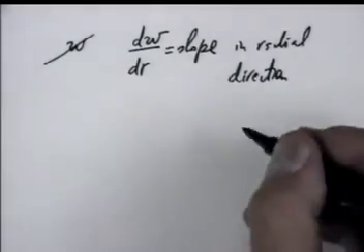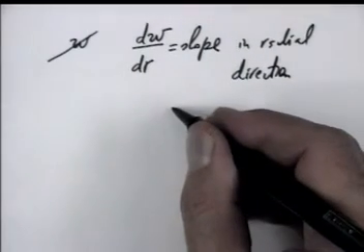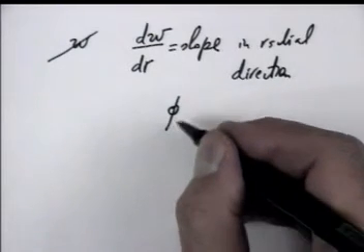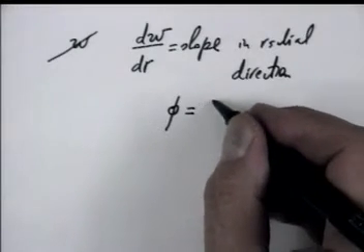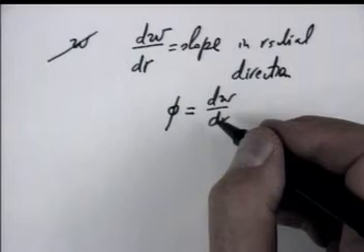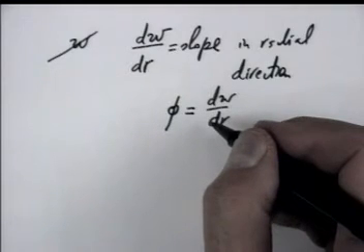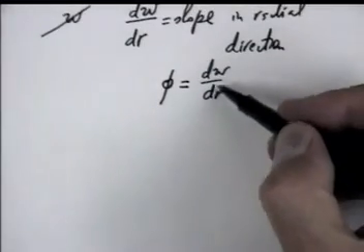You may want to write this down because it's not written here. He denotes it as phi, so phi is dW dr. Why does he introduce this?